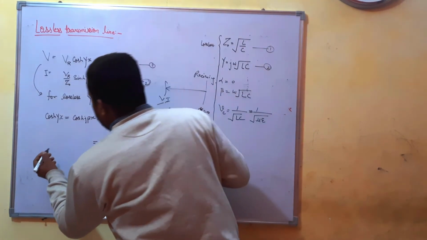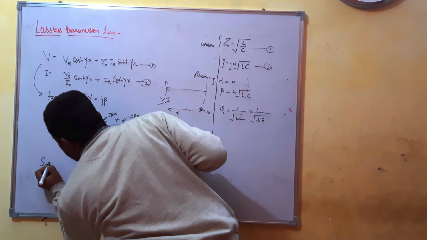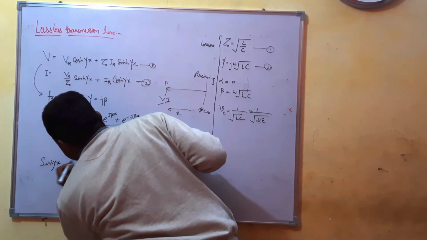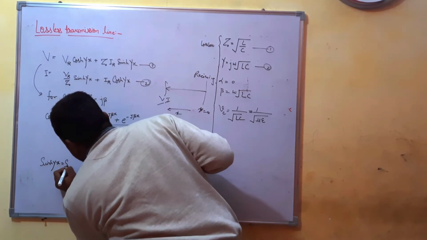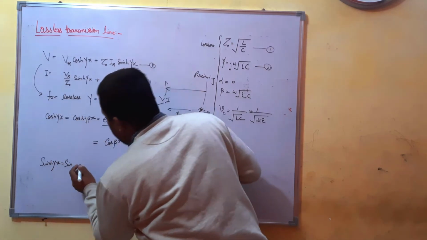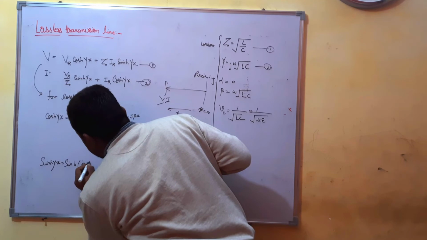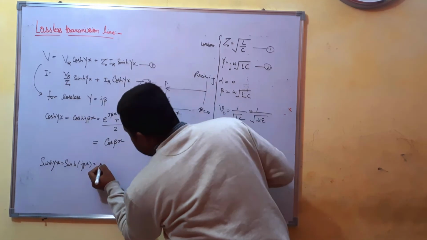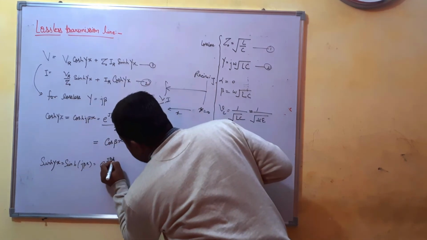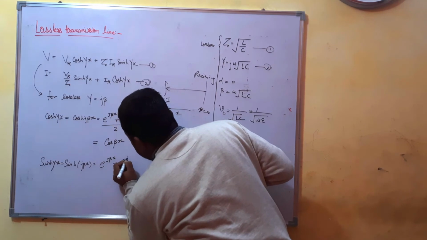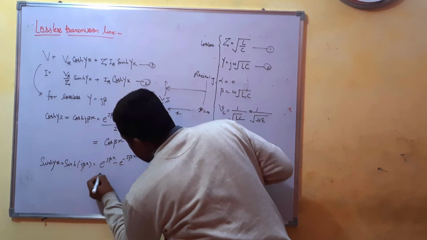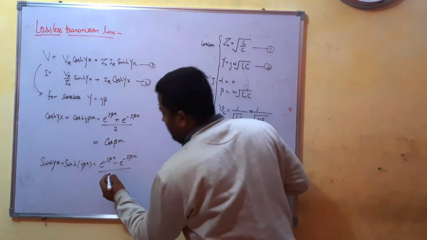Now sin hyperbolic gamma x is equal to sin hyperbolic j beta x. This can be written as e to the power j beta x minus e to the power minus j beta x upon 2.